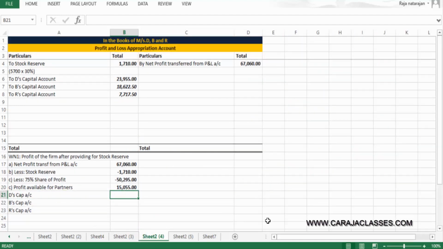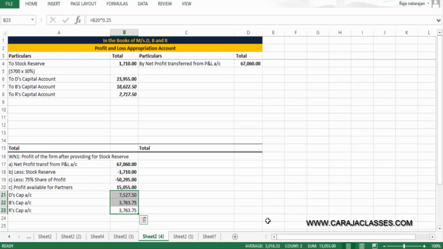So I'm going to take this 15,055 into 50%. That is 7,527.50. This multiplied by 25%, and this multiplied by 25%. So this is the profit after providing for the 75% profit share and stock reserve.